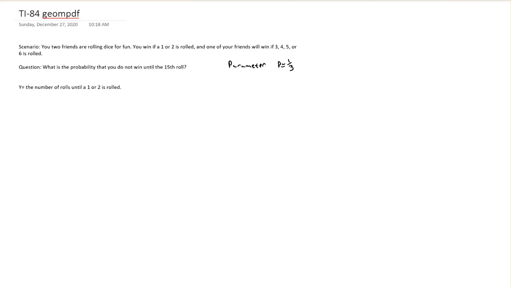Now, you can always solve this by hand if you know the formula. This would be what I'd have if I plugged into my formula right here. And if you're in an AP statistics class, you can look to your formula sheet. This formula is provided.